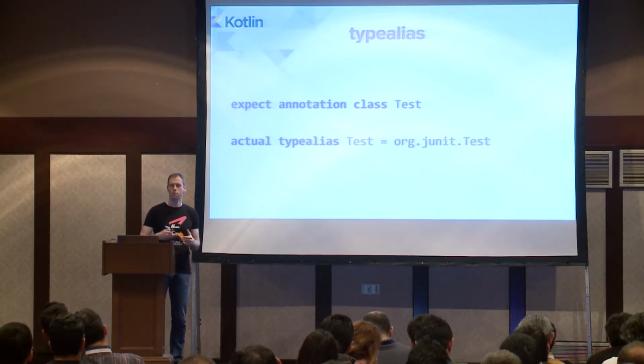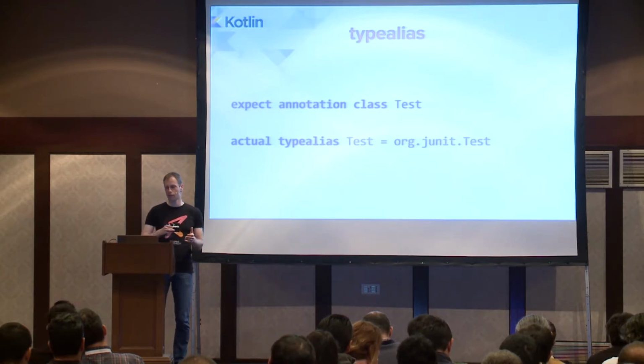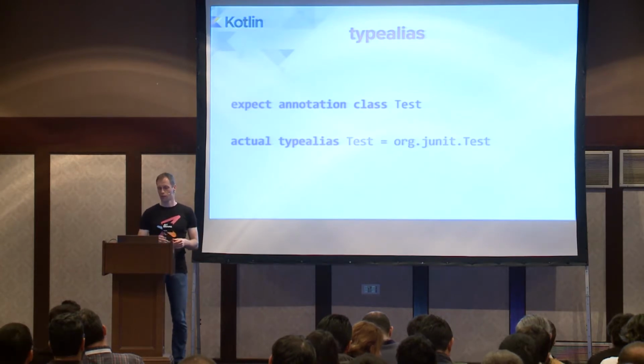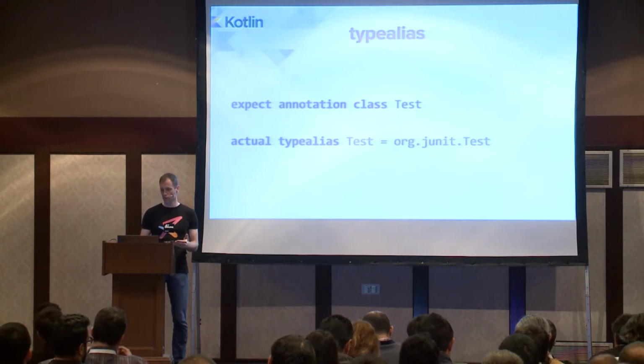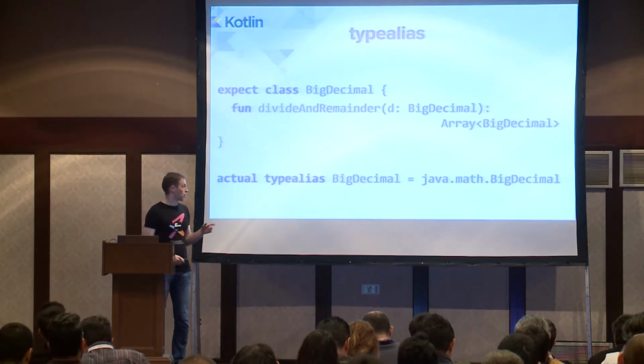You do not need to re-implement everything. You delegate this expected class to the existing one. So if you are using the Test annotation in your common code, in JVM it will be translated to JUnit Test, for example.